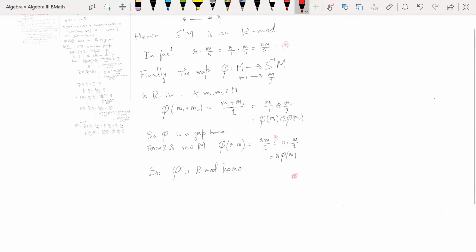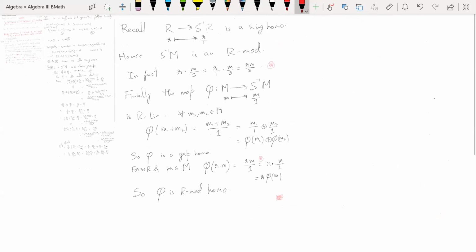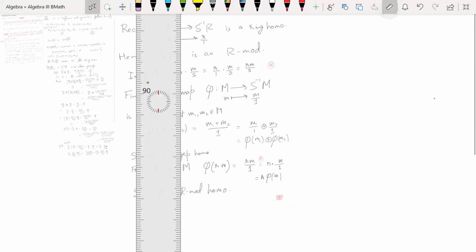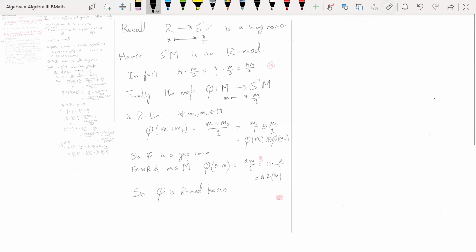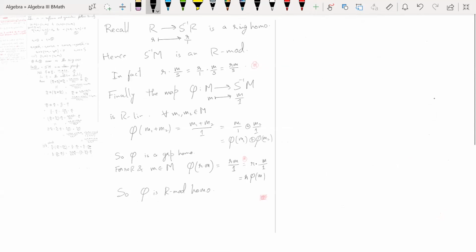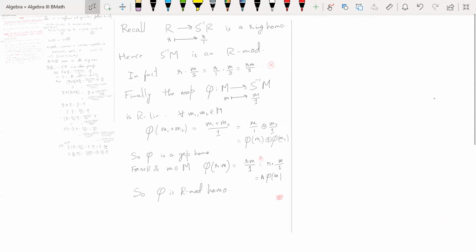So how do you compute localization of some modules? We'll do one example which will be instructive and give you an idea about what you get.